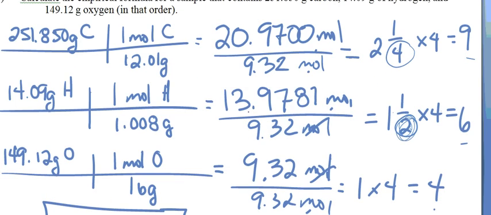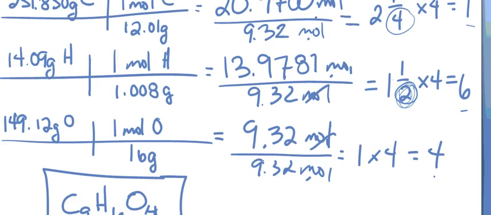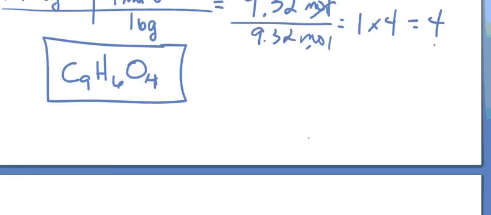Remember from earlier, and you may need to replay the video because I think I erased it, the empirical formula is the smallest whole number ratio for that compound, and then the molecular formula is what it is. It has a much greater ratio than the smallest whole number ratio.